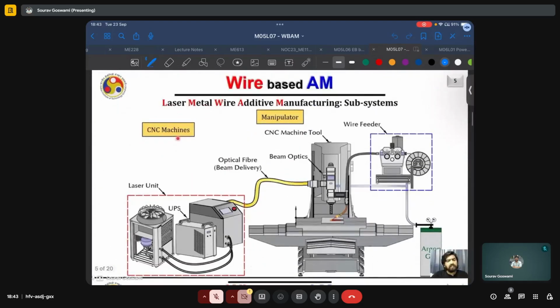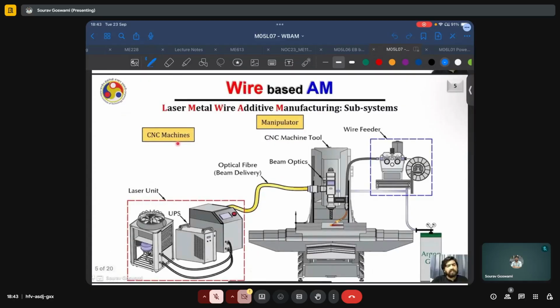However, instead of using a robot, sometimes the deposition head can simply be retrofitted onto an existing 3-axis or 5-axis CNC machine.